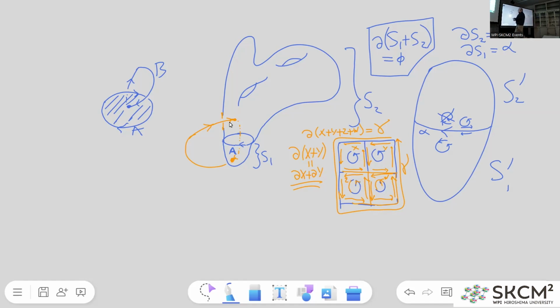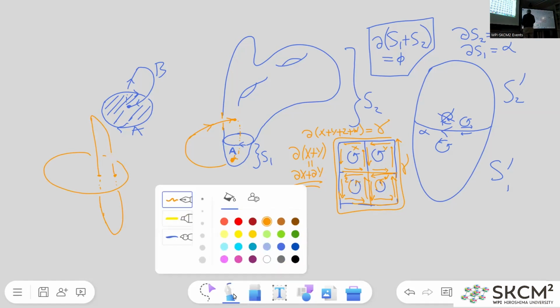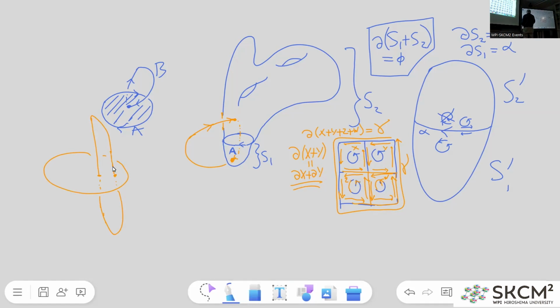But we've seen it before, like if you had a surface here and you had a curve that came down through, and then it came back up through, and continued on up like this one.